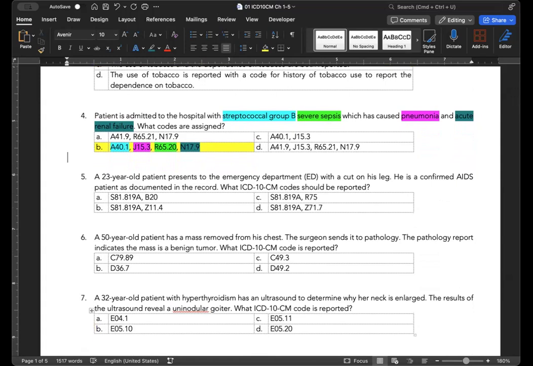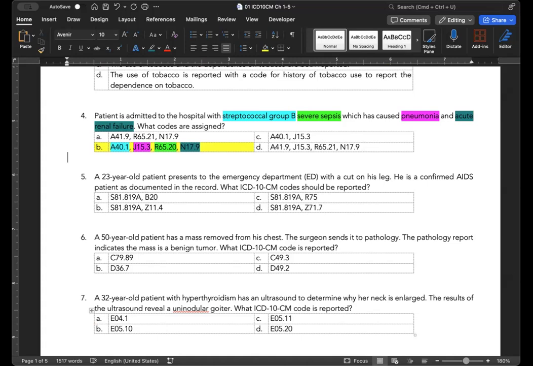Number 5, we have a 23-year-old patient who presents to the emergency department with a cut on his leg. He is a confirmed AIDS patient as documented within the record. So from this standpoint, we know that if he is a confirmed AIDS patient, do we know what our code is for confirmed AIDS versus HIV positive?